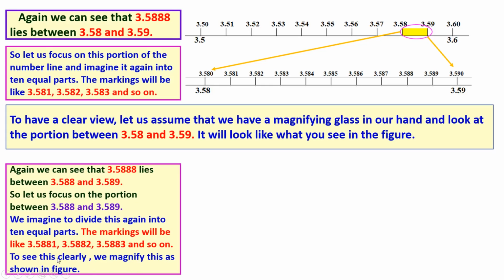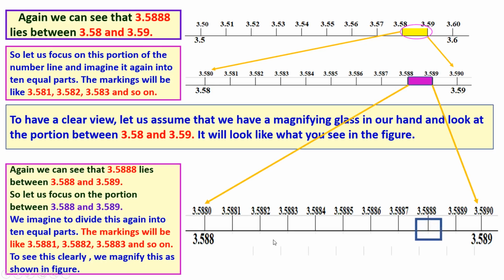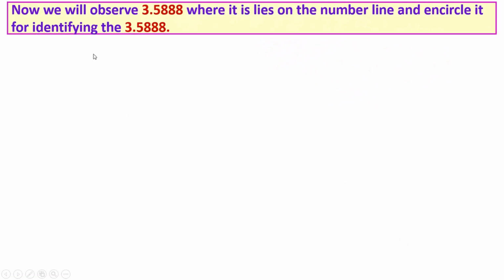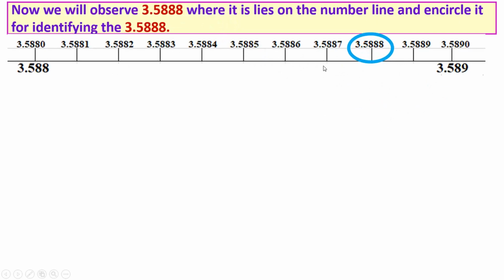To see this clearly, we magnify this as shown in the figure. Like so, here is 3.5888. Now we observe where it lies on the number line and circle it for identifying 3.5888. This is the number.